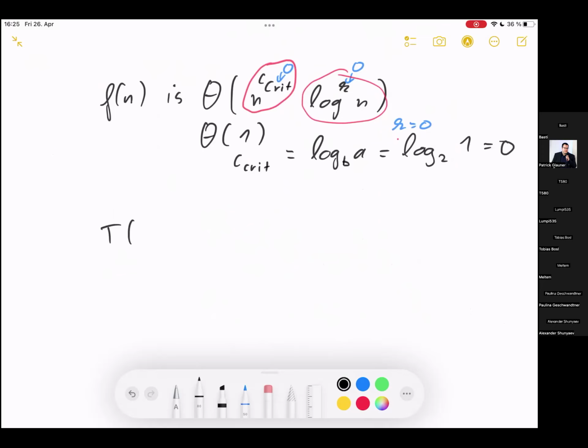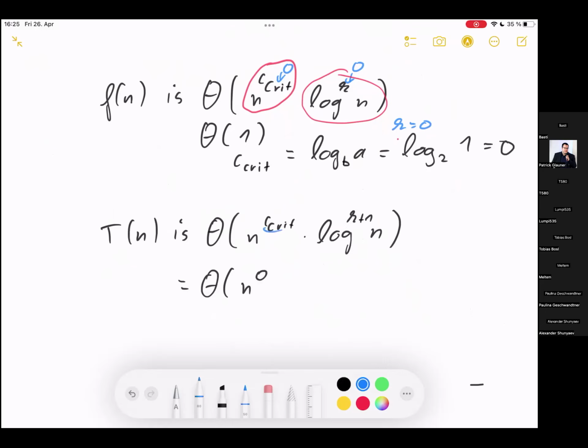And now we can say that T of n is theta of n to the c critical times log n raised to the power of k plus 1. This is theta of n to the 0, because c critical is 0, k is 0. So we just say times log n raised to the power of 0 plus 1.